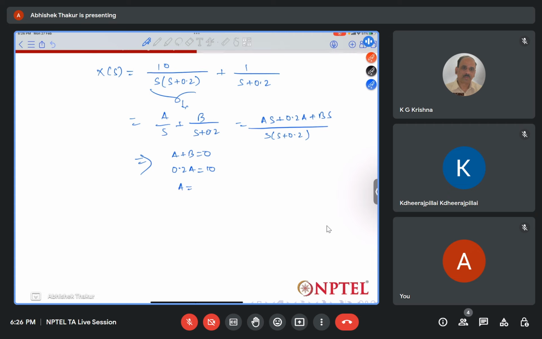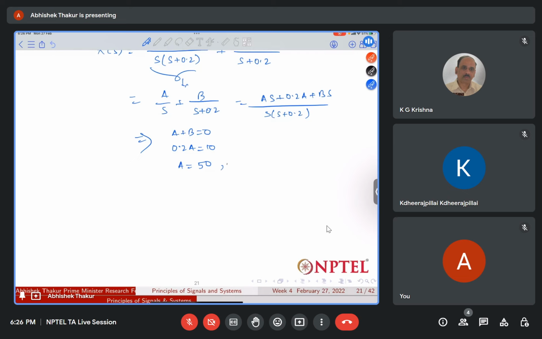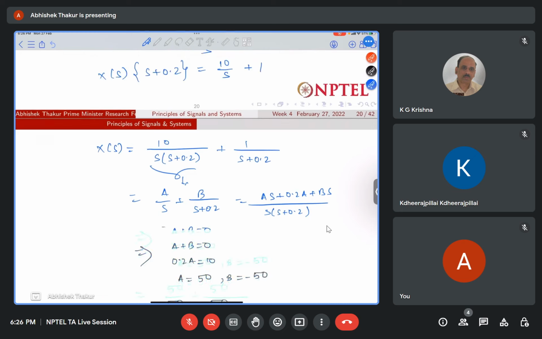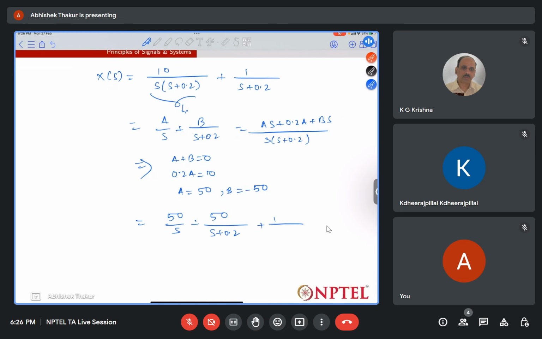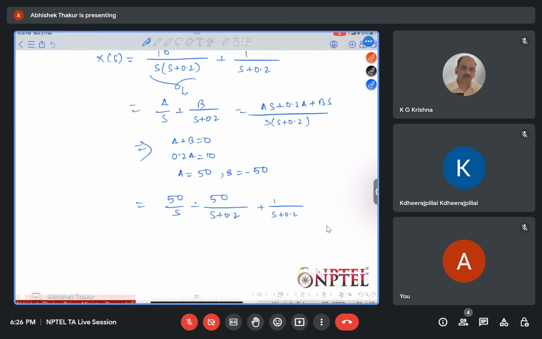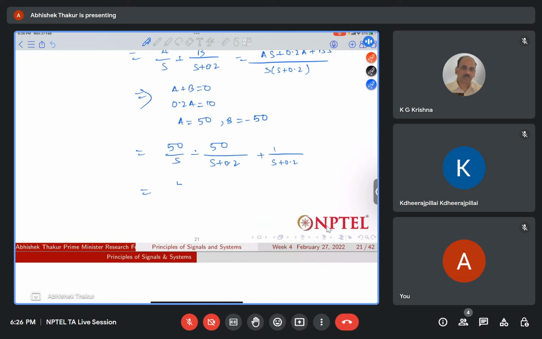So A is equal to 50 and B is equal to minus 50. So we can easily write 50 by s minus 50 by (s plus 0.2) plus 1 by (s plus 0.2). So this we can write as 50 by s minus 49 by (s plus 0.2).